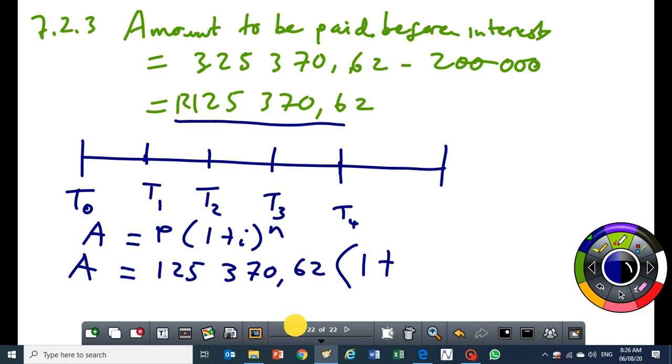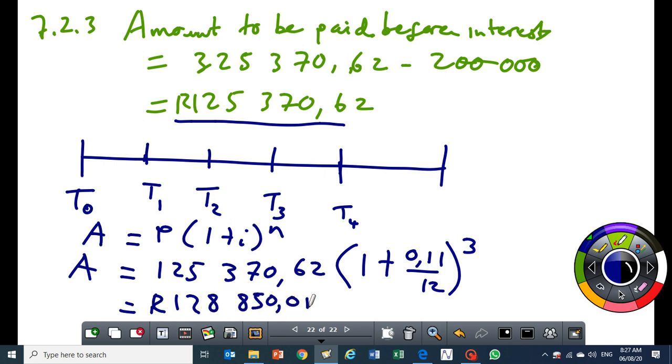Now the interest rate, it didn't change. Okay, so it remains that, and then you put your n, you put 3. What answer do you get? 850.01. Right, so this is the amount that you have to pay after 3 months.